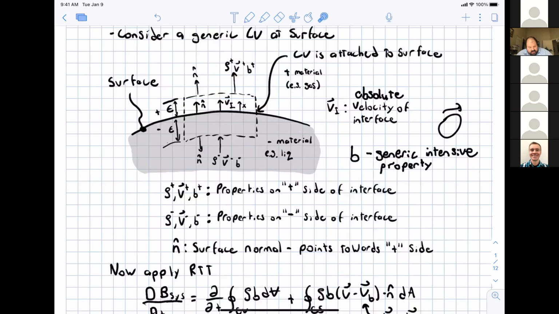Recall that we had a standard control volume like this. It's designed to follow the surface for a short segment, and it's designed to be extremely thin. In the analysis, we make the height on the side here tend towards zero, but it's not exactly zero. You could imagine this as being extremely zoomed in, and yet the top of the control volume is just barely in the gas, and the bottom is just barely in the liquid.